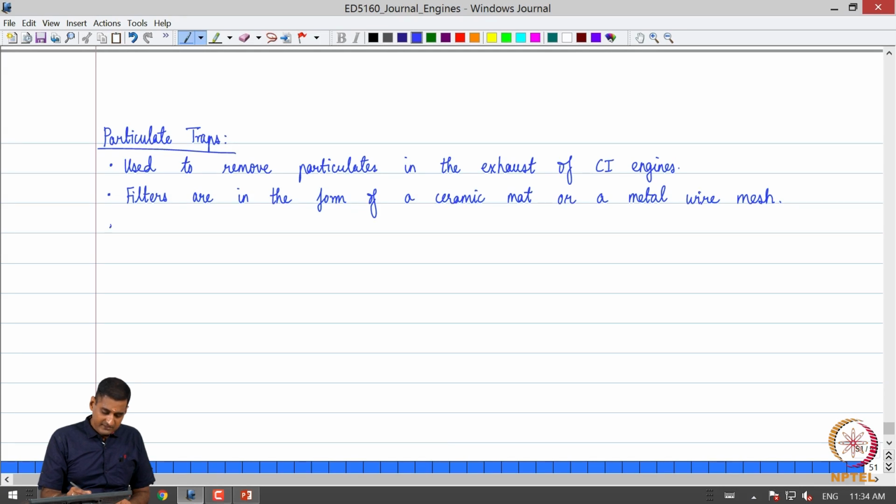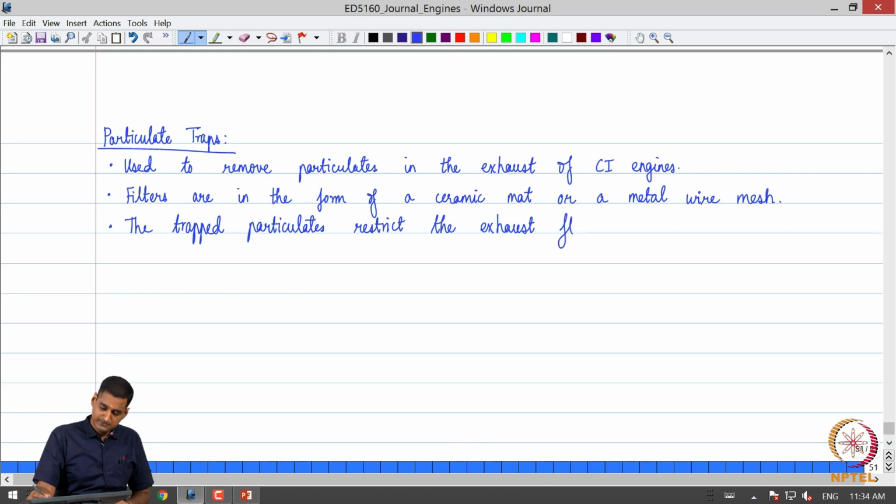As the particulates accumulate, the trapped particulates restrict the exhaust flow process, and thus increase the back pressure.